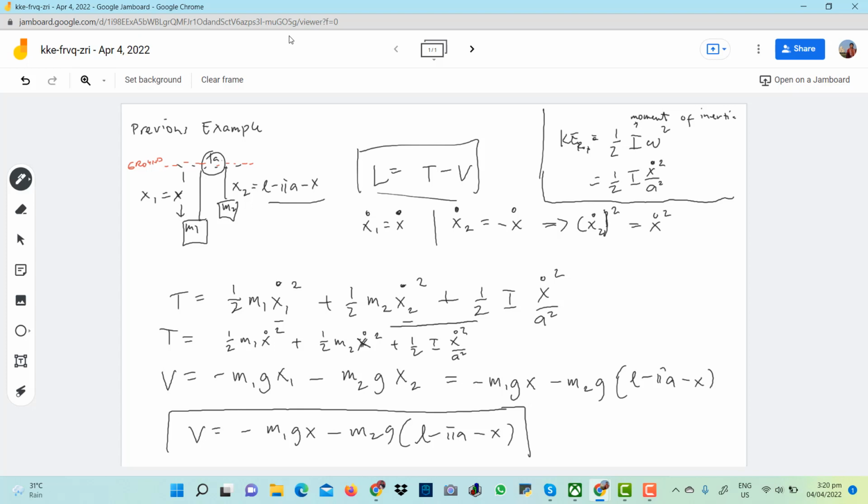So this will be my kinetic energy. Okay? So for the Atwood machine, my kinetic energy is equal to that.